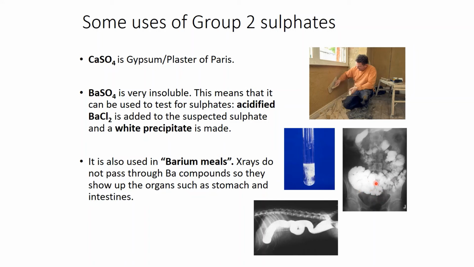So it allows you to image soft tissues that ordinarily you wouldn't be able to image because the X-rays would pass straight through. So they're used to image things like the intestines and stomach to see if there are any problems with your digestive system, hence the term barium meal.